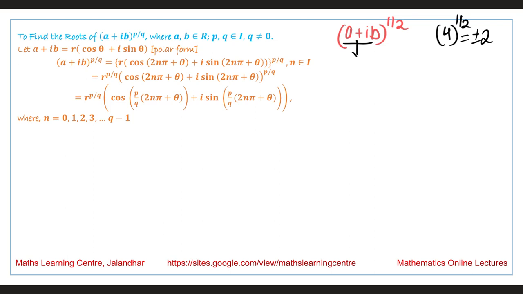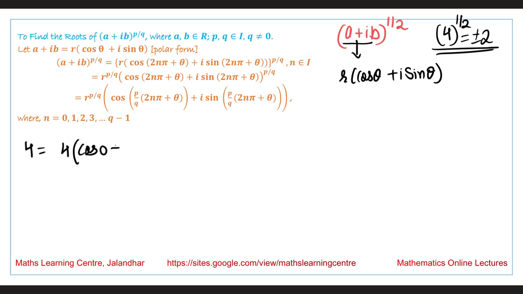So how are we going to find the roots of this complex number? We write this number a plus iota b in the form r into (cos theta plus iota sin theta). If I am talking about this number, we can write 4 as 4 into (cos 0 plus iota sin 0).